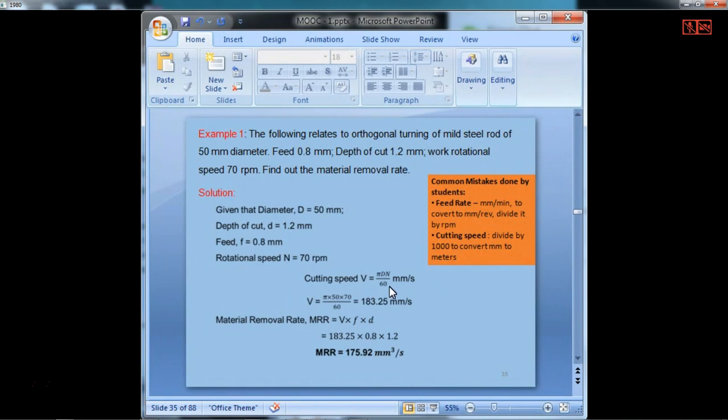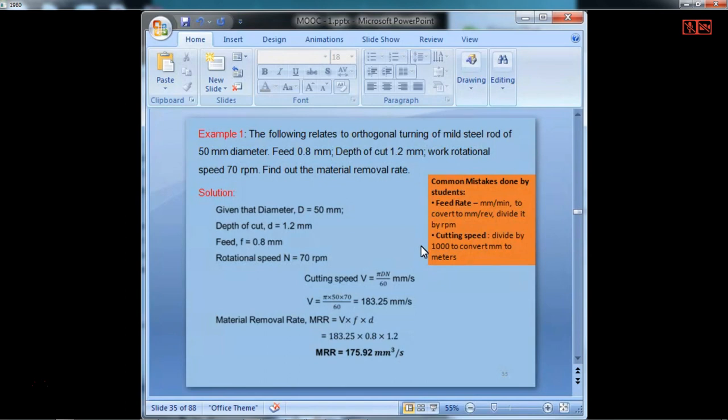But if you look at our textbook, in some places you will see that the formula for cutting speed is pi d n by 1000. You may be wondering what this 1000 is. You may not see the 60 there, but you see 1000. It is nothing but, when the units are given in millimeters and you want to convert them into meters, you divide by 1000.